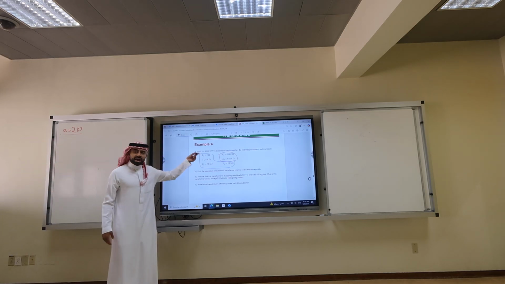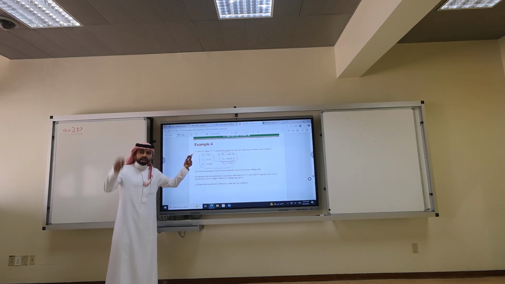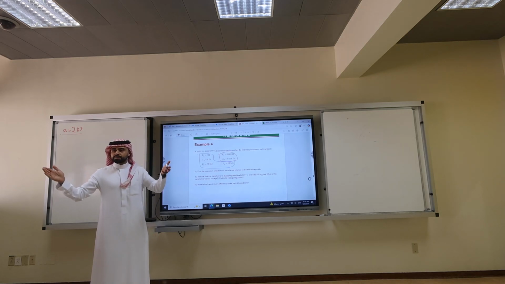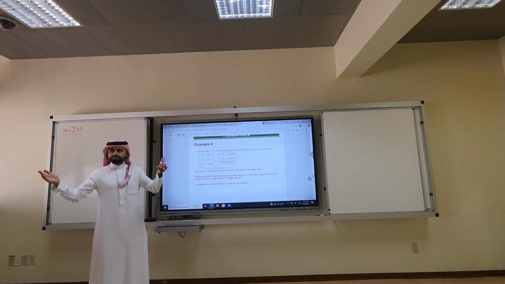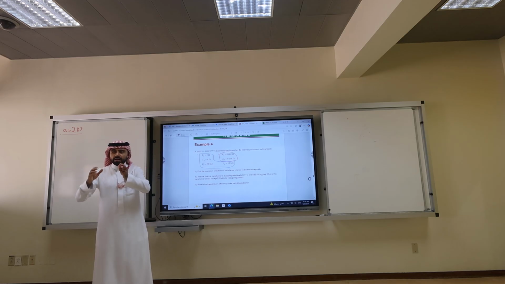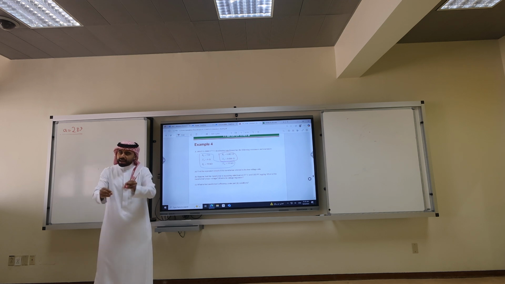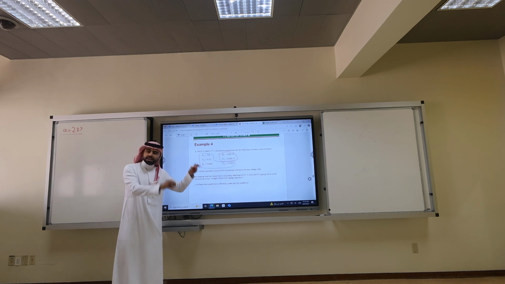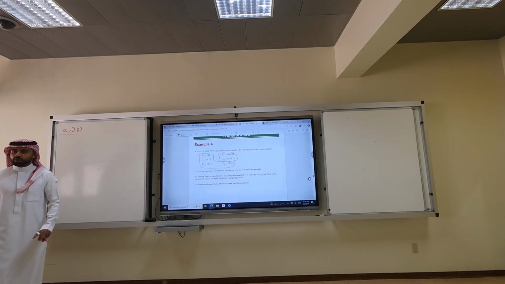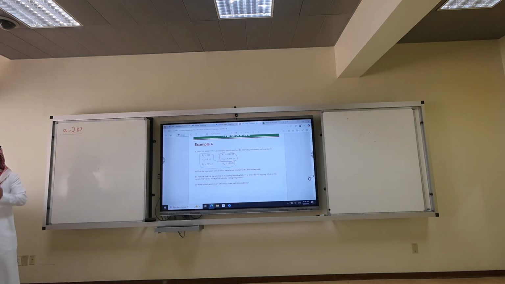This is the apparent power, not power. You have to use the right terminology. When we say power on a circuit, we mean P, real power. It's the apparent power. It's not only apparent power, it's the rated apparent power of a single phase transformer. That's the right way of saying things.